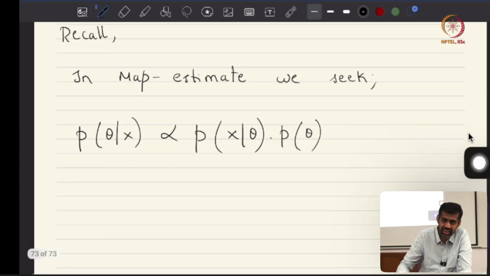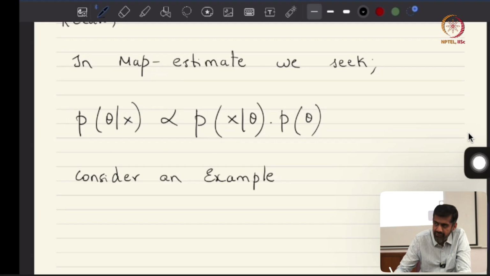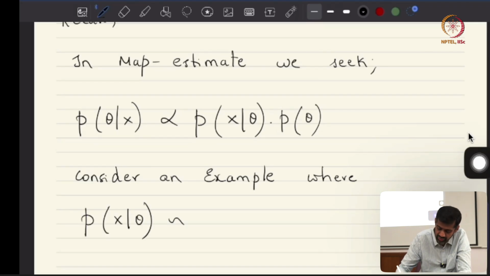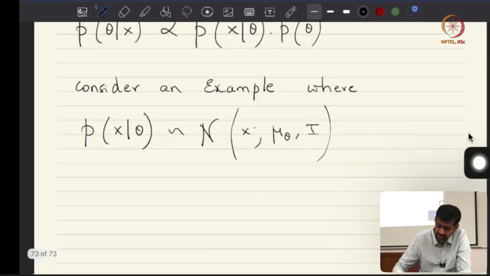Now let us work out a case of MAP estimate. Consider an example where P of x given theta, let us say that we take that to be a Gaussian with some mean mu theta, and we assume that we know the variance.